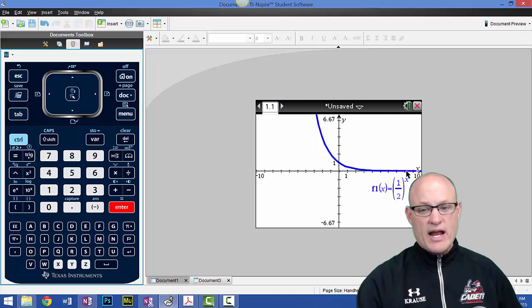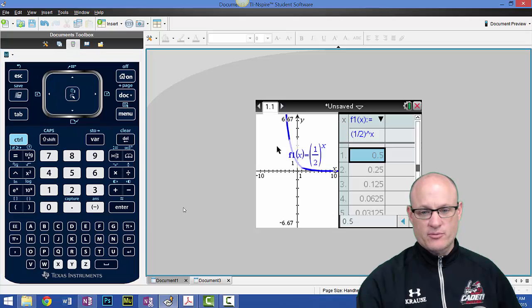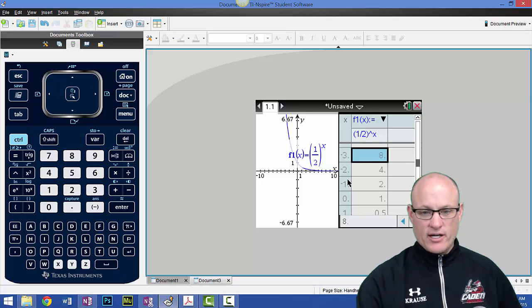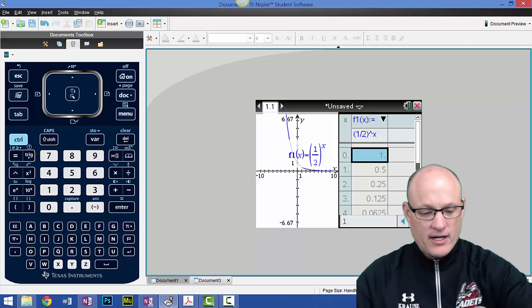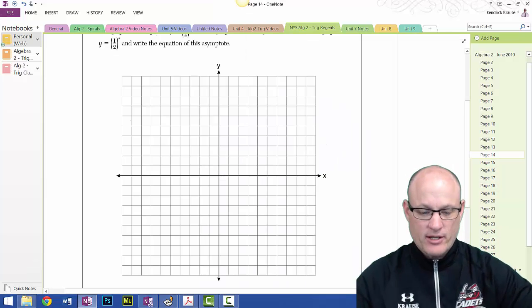Now you should graph a few points so that they see that you know what you're talking about. If you don't know what those points are, Control T will get you some nice points. Let's see. Negative 3, 8 will still be on the graph. So negative 3, 8 and negative 2, 4 and negative 1, 2, if you want to pause the video because I'm about to get rid of this, 0, 1, 1, 1/2, 2, 1/4. I already know what these are, so I'm just going to come back over here.